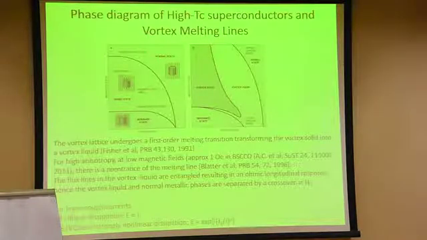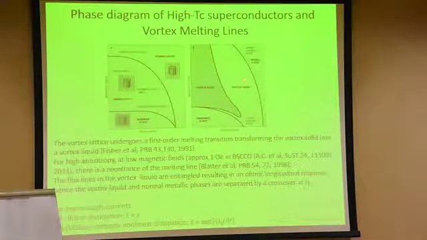However, in high temperature superconductors with high anisotropy, meaning, for example, BSCCO systems and so on, we have a much more, let's say, complicated or richer phase diagram.